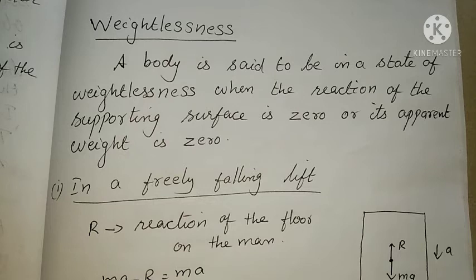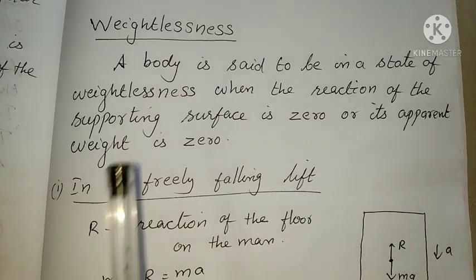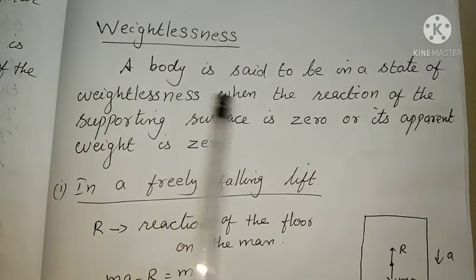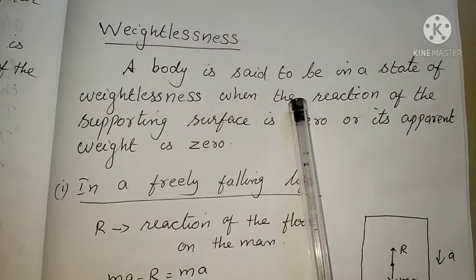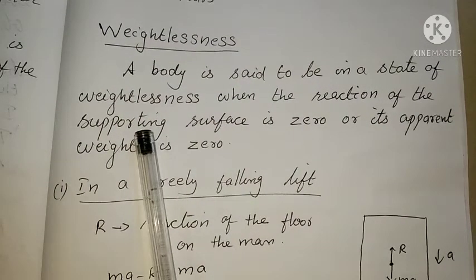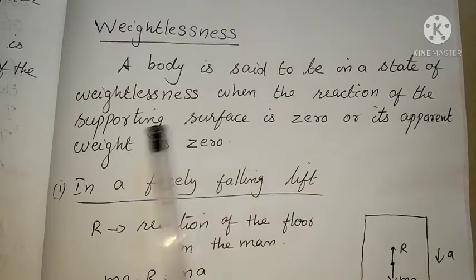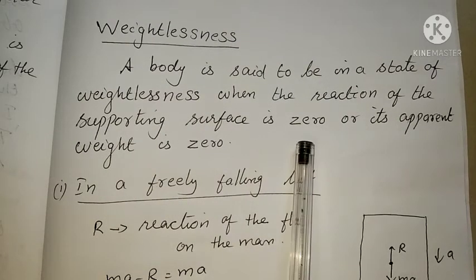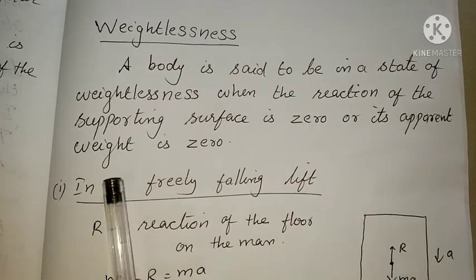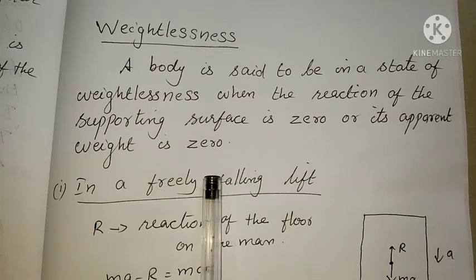So, if the force of reaction becomes zero, then the apparent weight of the body becomes zero. Now we can define weightlessness like this. A body is said to be in a state of weightlessness when the reaction of the supporting surface is 0 or its apparent weight is 0.